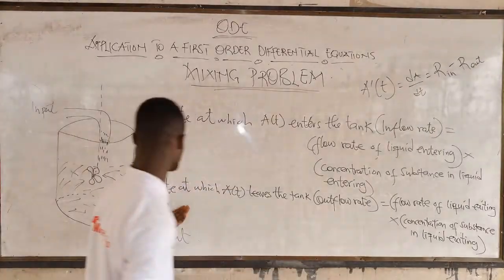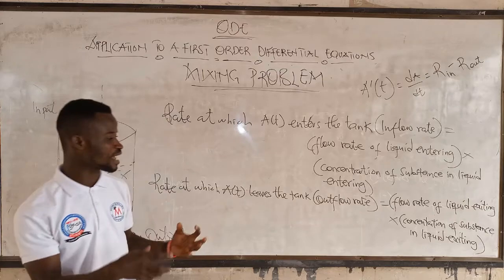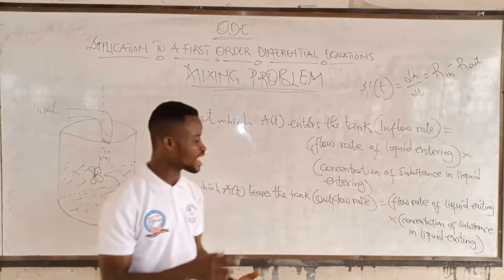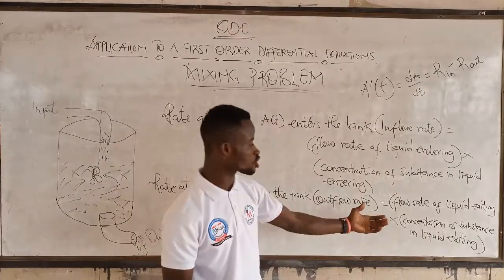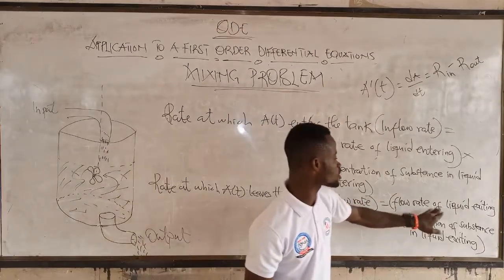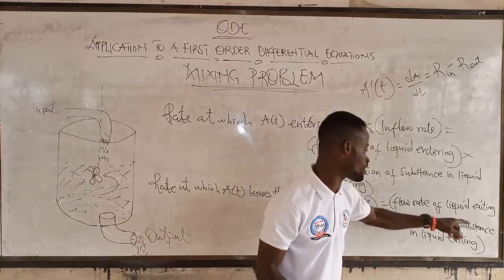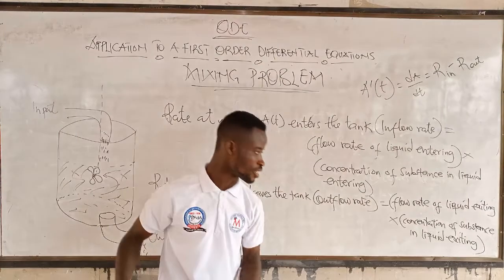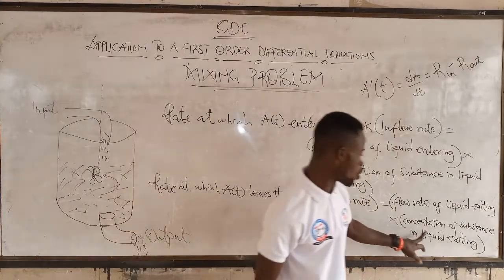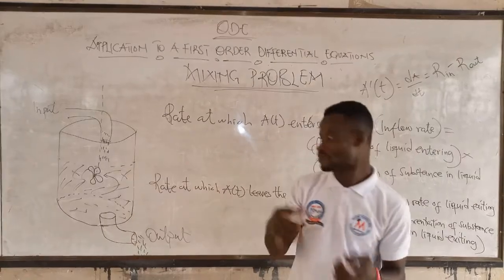Let's look at the rate at which the amount of substance leaves the tank, and that is the outflow. So the outflow rate is equal to the flow rate of the liquid exiting, that is the one leaving, times the concentration of substance in liquid exiting.